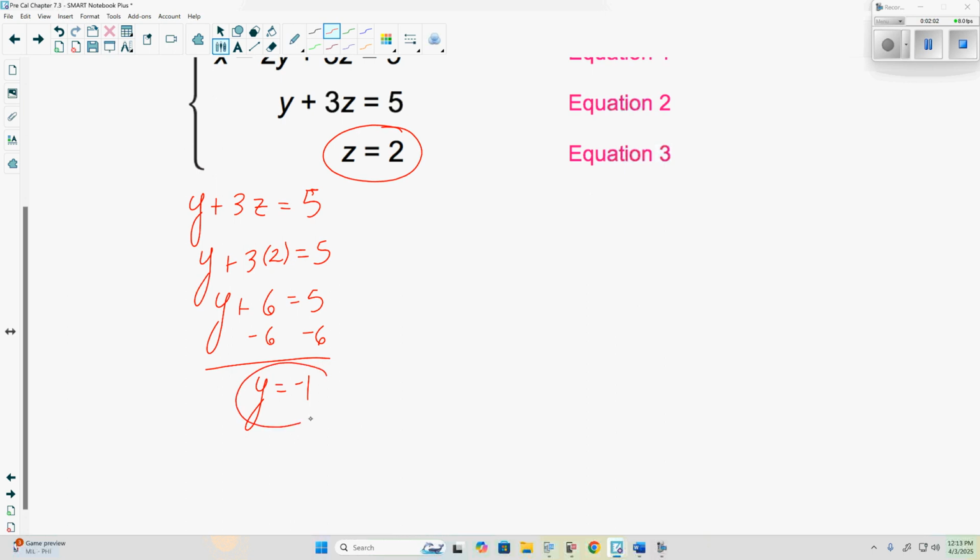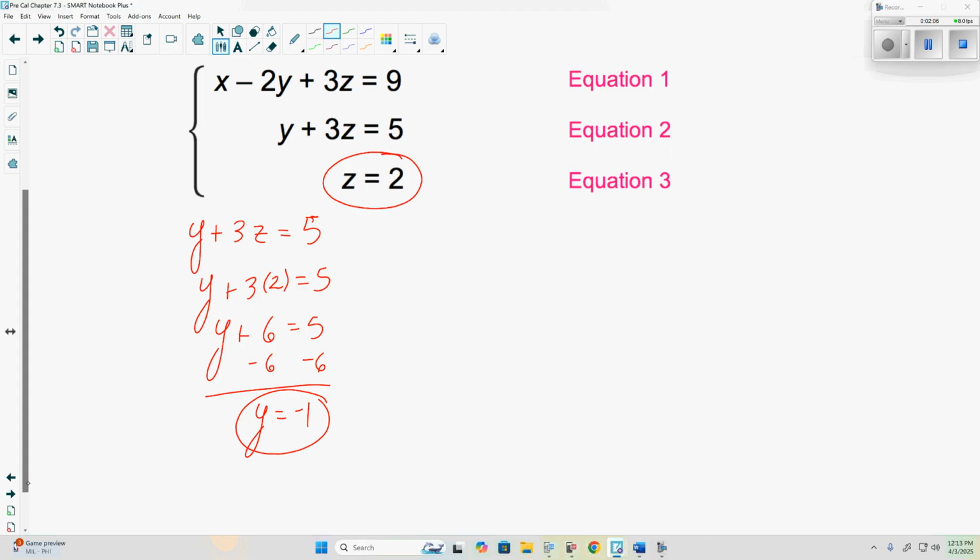Well, we have z. Now we have y. So the only variable we're missing is x. So we can take the first equation, x minus 2 times y, well, we found out y is -1, plus 3 times 2 is equal to 9. 2 times -1 is positive 2. 3 times 2 is 6. 2 plus 6 is 8.